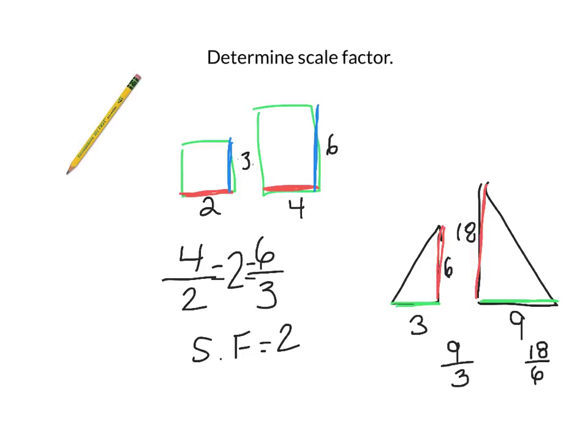And again, if I reduce those fractions down, I'll find a scale factor of 3. I would recommend having some examples like this down in your notes so later on you have something to refer to.